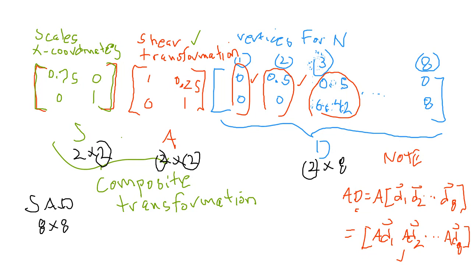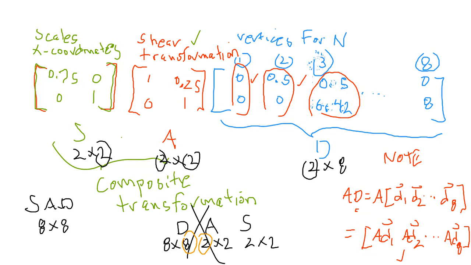But if you tried to do D times A times S, well, D is an 8 by 8, A is a 2 by 2, S is a 2 by 2. It's undefined, right? Because this column number doesn't match this number of rows. So you see, David, that wouldn't work.